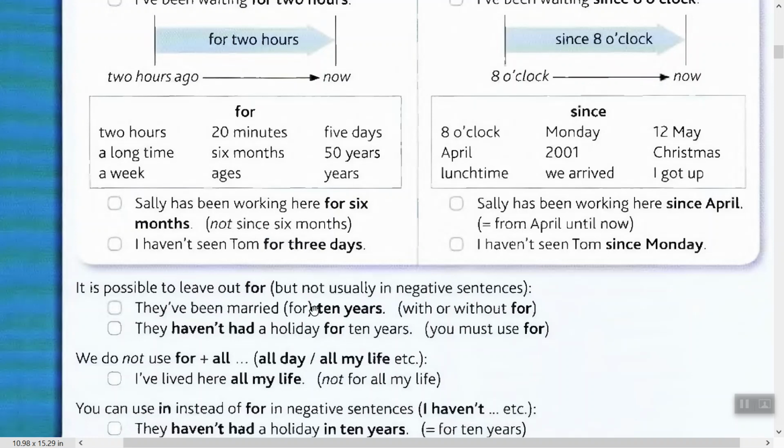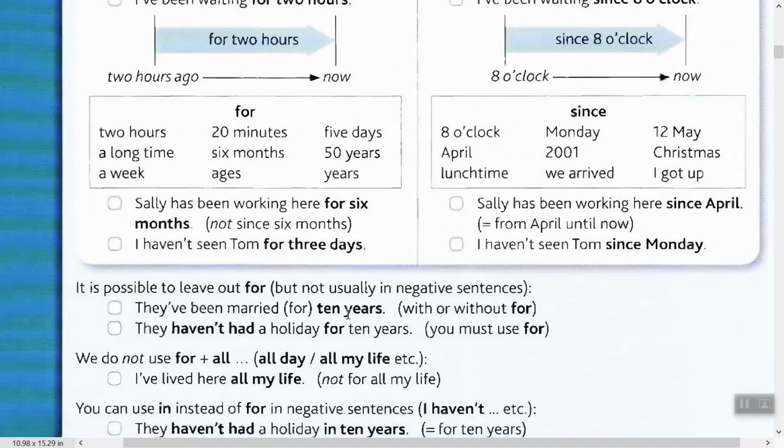When we have a word between parentheses, it means optional. So, note number 1, for here is what? Optional or obligatory? Optional. Why is it optional? Because it is positive. So, when the sentence is positive, for is optional.